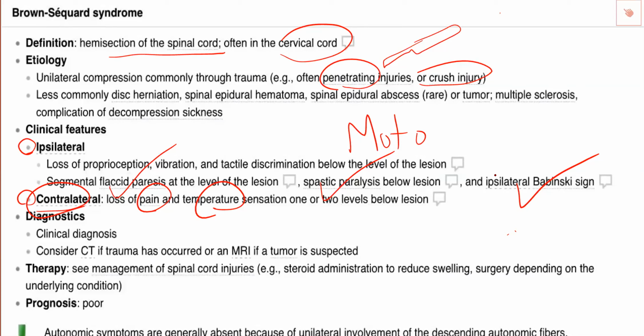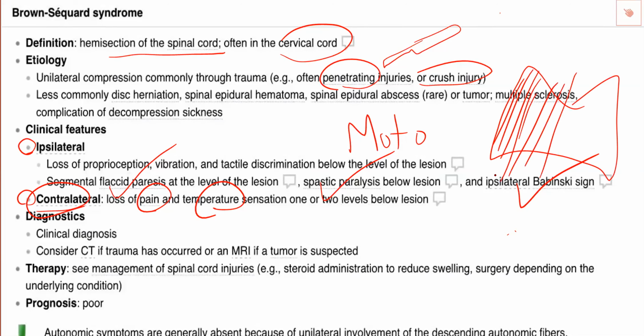So again, Brown-Sequard syndrome or hemisection of the spinal cord, you will find contralateral loss of pain and temperature due to affection of the lateral spinothalamic tract. Ipsilateral paralysis, ipsilateral Babinski sign, ipsilateral loss of vibration, proprioception, and deep touch due to affection of the dorsal column.